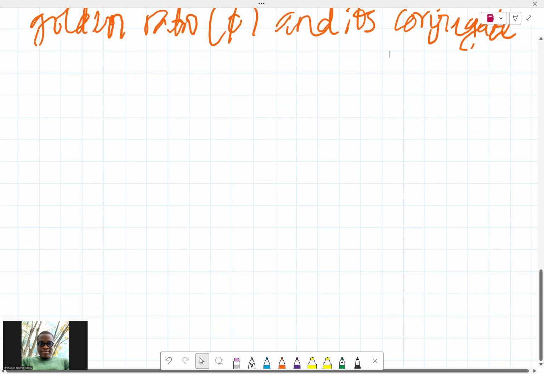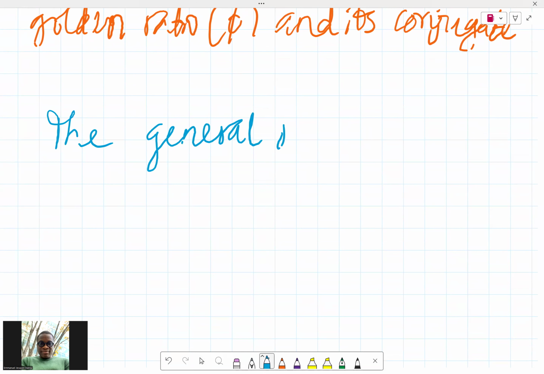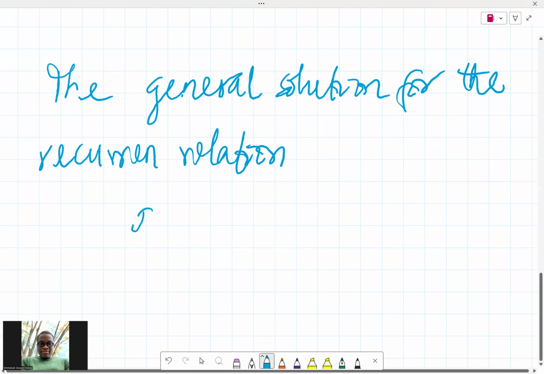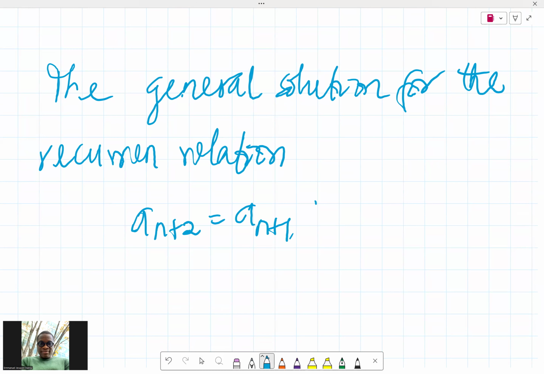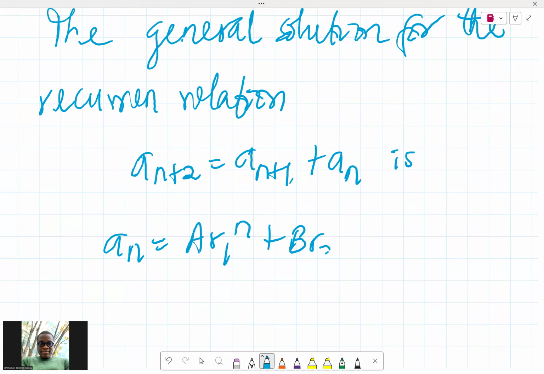So we can now say that the general solution for the recurrence relation, which is a n plus 2 equals a n plus 1 plus a n, is a n equals a r1 raised to power n plus b r2 raised to power n.